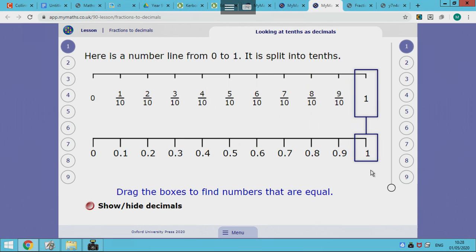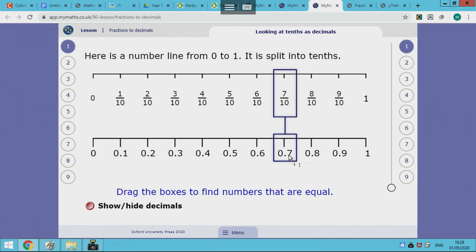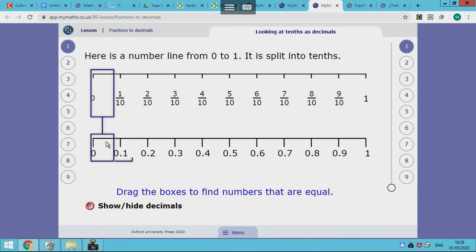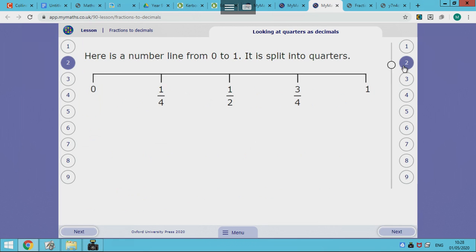We could have something like 11/10 is equal to 1.1. 12/10 is equal to 1.2, and so on. We could keep going forever and ever and ever, but what would be the point of that? So these are all decimals that you need to know as fractions. They're all really important, and you probably knew some of them already. Let's have a look at the next lot that we need to know.